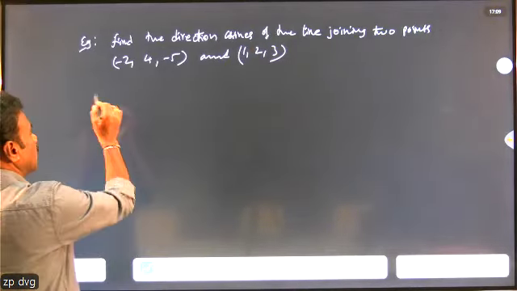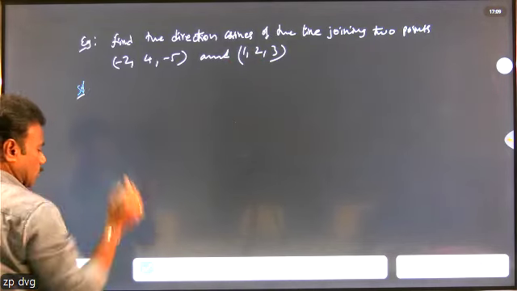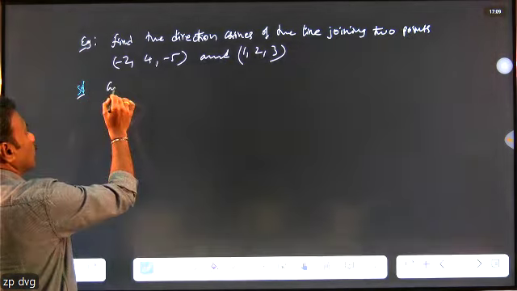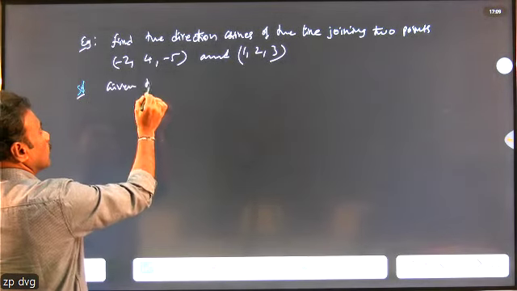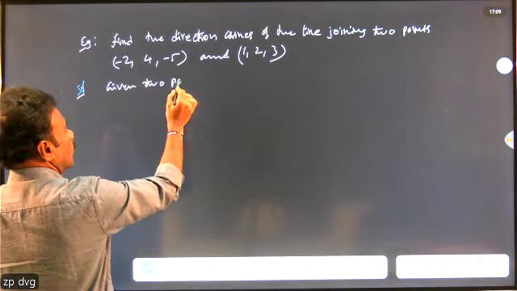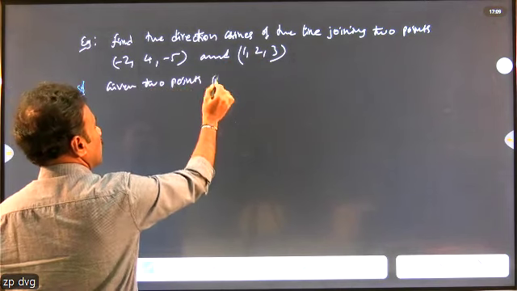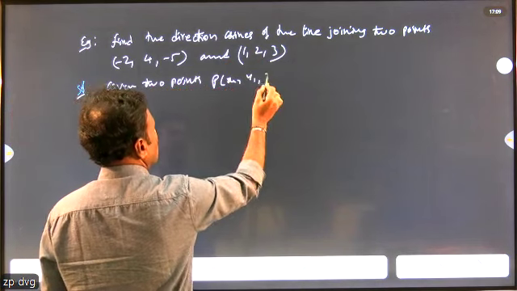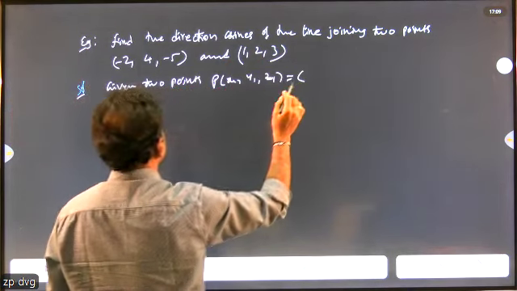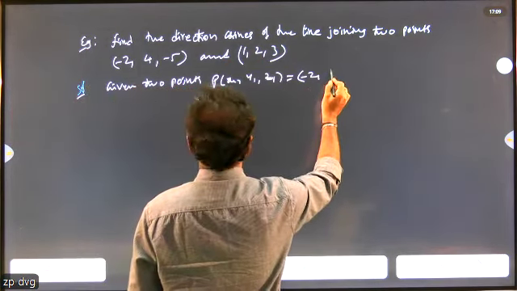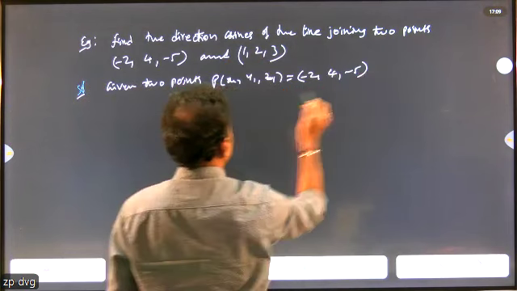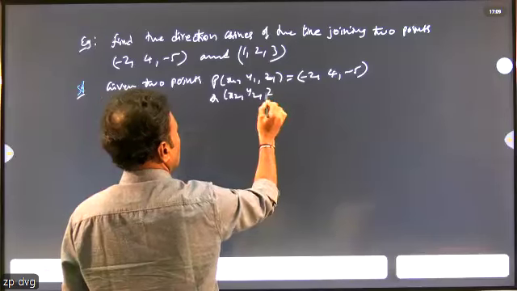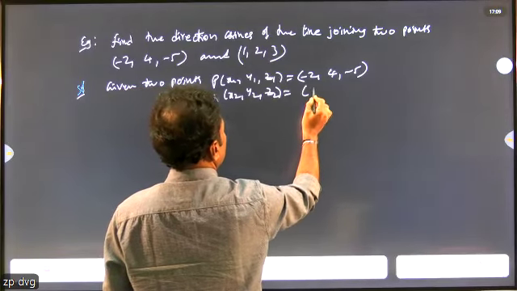So the given 2 points are: P is x1, y1, z1, given as minus 2, 4, minus 5, and Q is x2, y2, z2, which is 1, 2, 3.